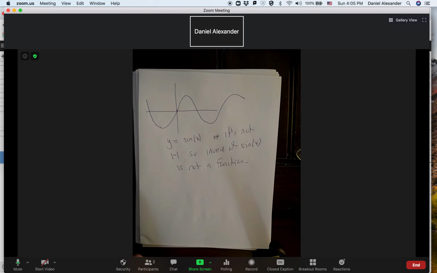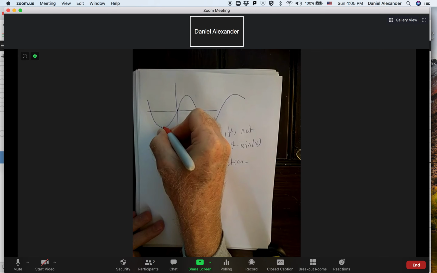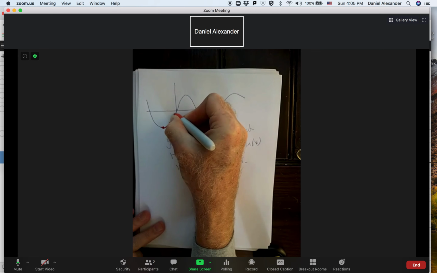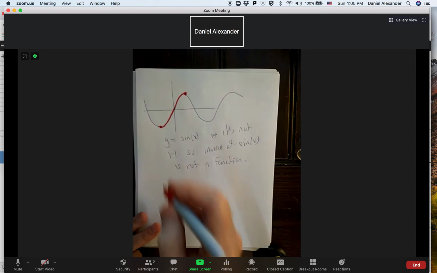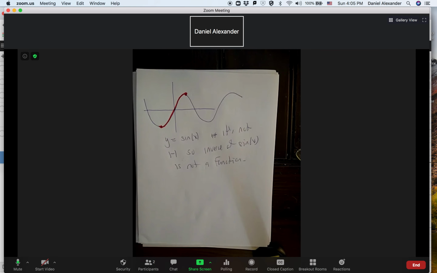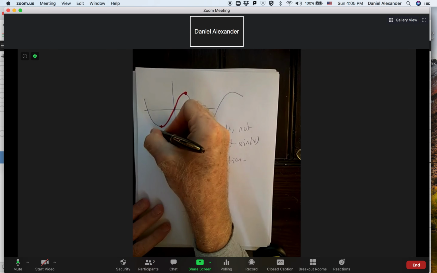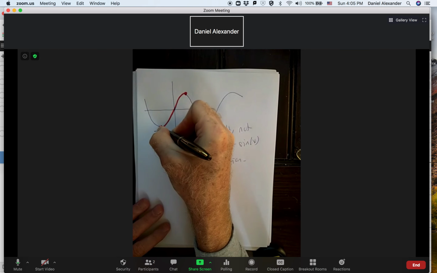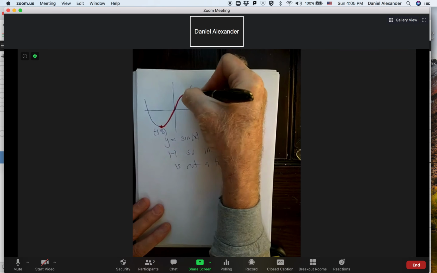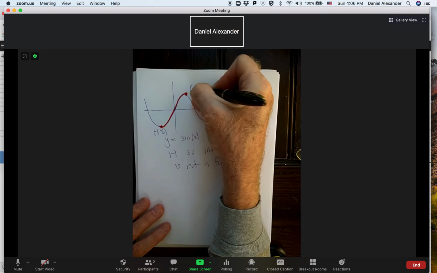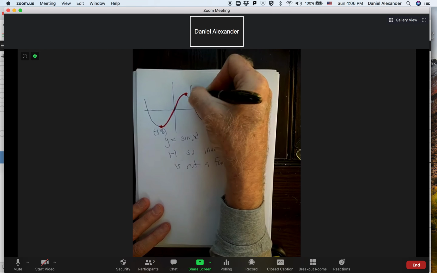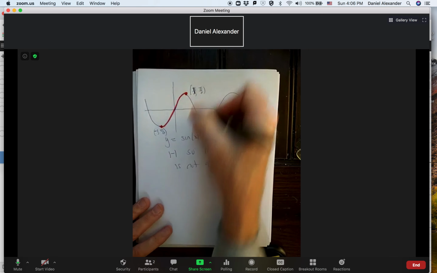Okay, so here's what goes on: what the sine inverse does is it starts here, and it's just going to look at only this part of the sine curve. Now notice that this covers -pi/2 to pi/2, and -1 to 1. This is the sine.